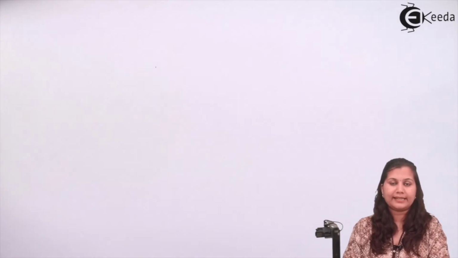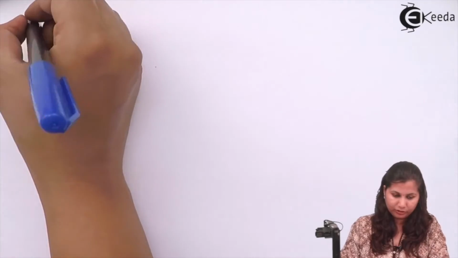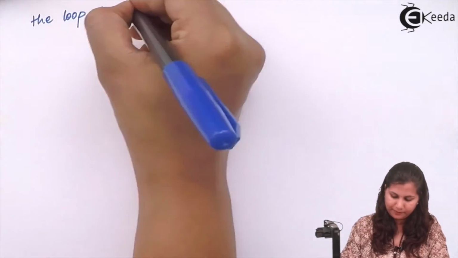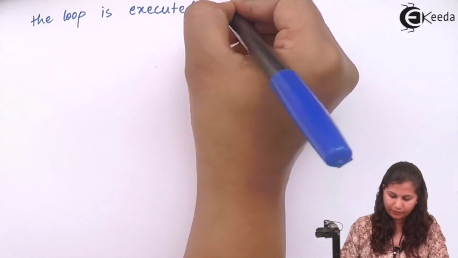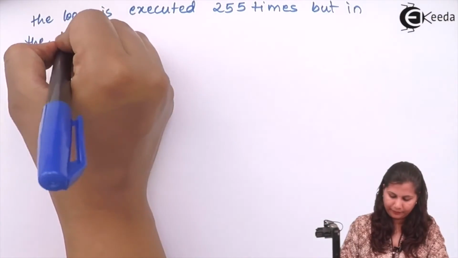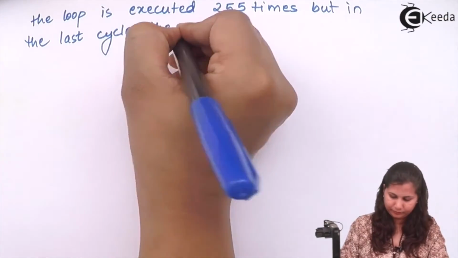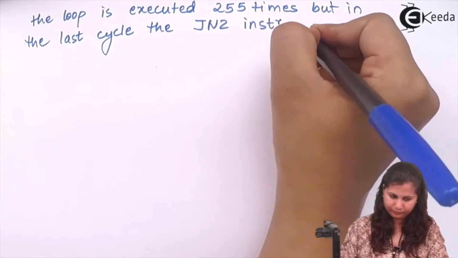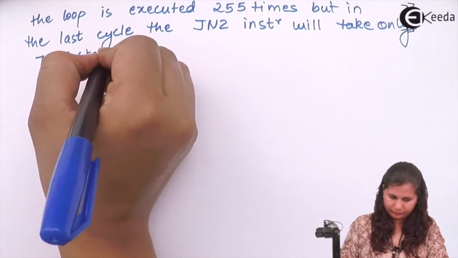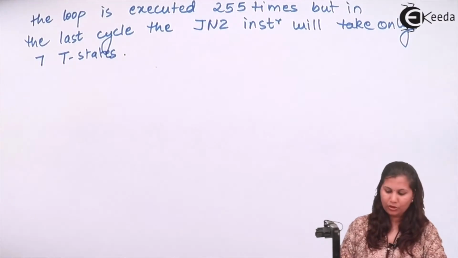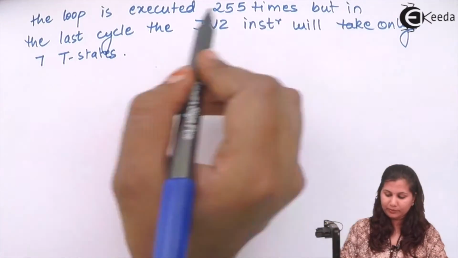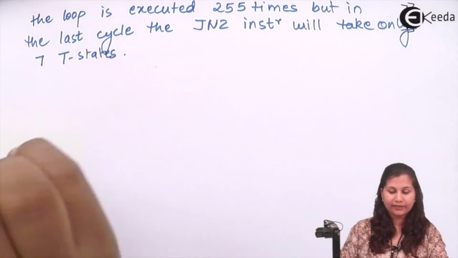Now in this example which we have taken, the loop is executed 255 times, but in the last cycle it will take only 7 T states.